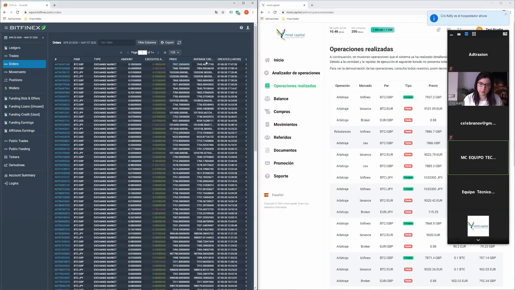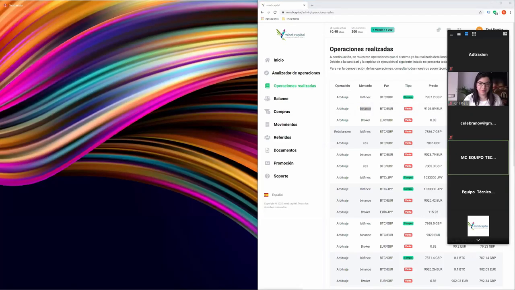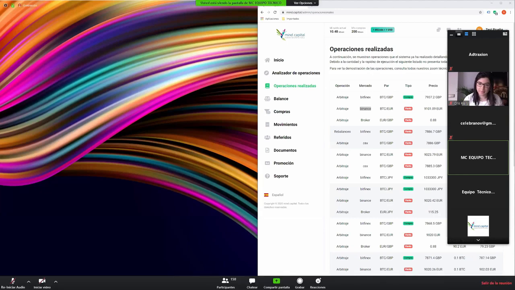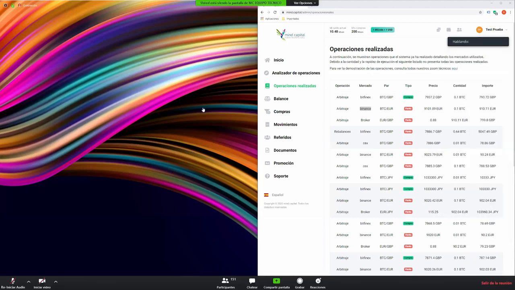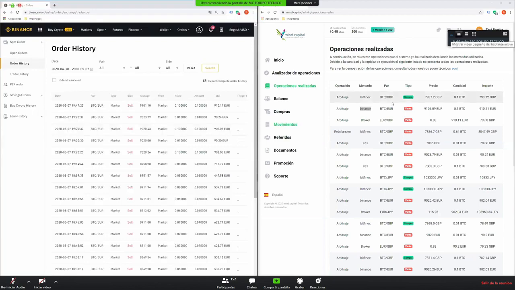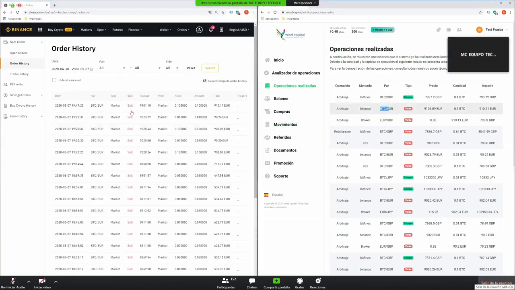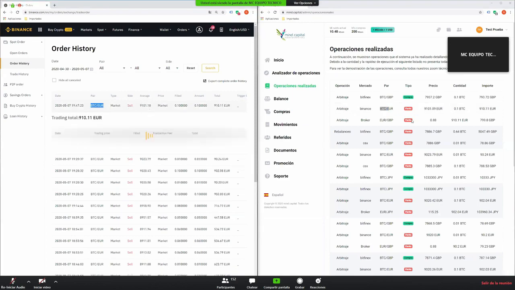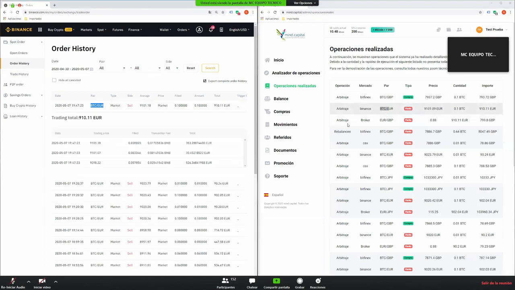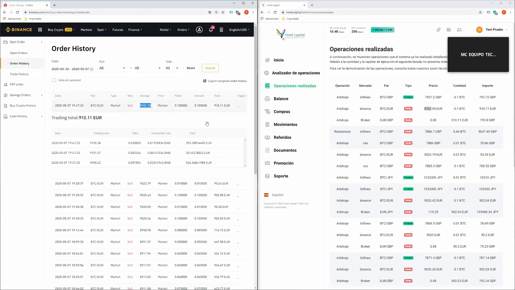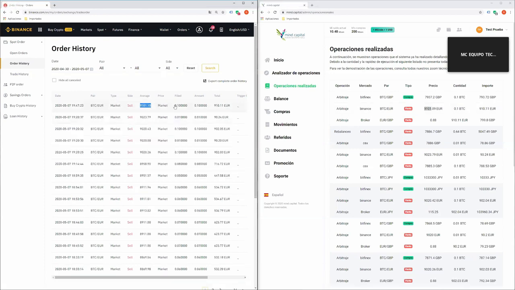This is the last one, BTC GBP. Another sample is Binance. I'm going to open Binance. This is Binance. Here is one operation, BTC here, and the amount is 9,101. This one, and the total amount is 0.1.